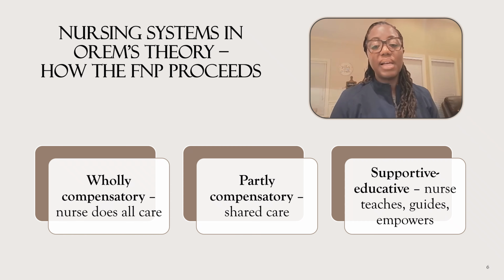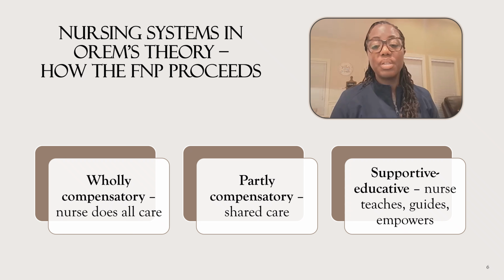Orem's theory outlines three nursing systems that guide how we support patients based on their level of independence. The first is the wholly compensatory system, where the nurse provides complete care, often in acute settings when the patient cannot perform any self-care.